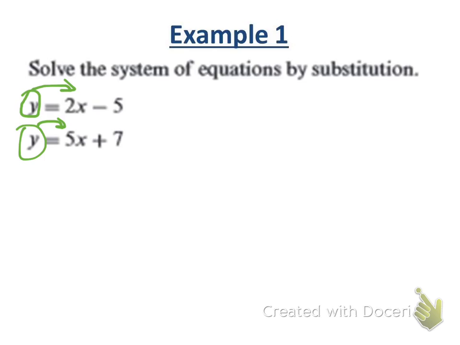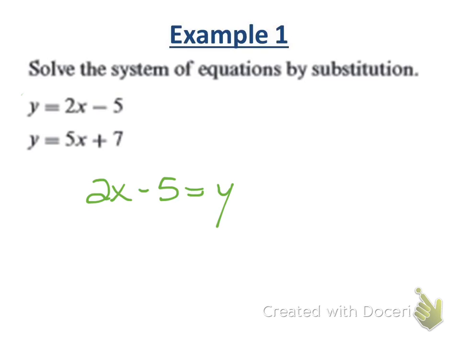So let me write this a different way: 2x minus 5 equals y equals 5x plus 7. So the expressions are equal to each other. So 2x minus 5 has to equal 5x plus 7.